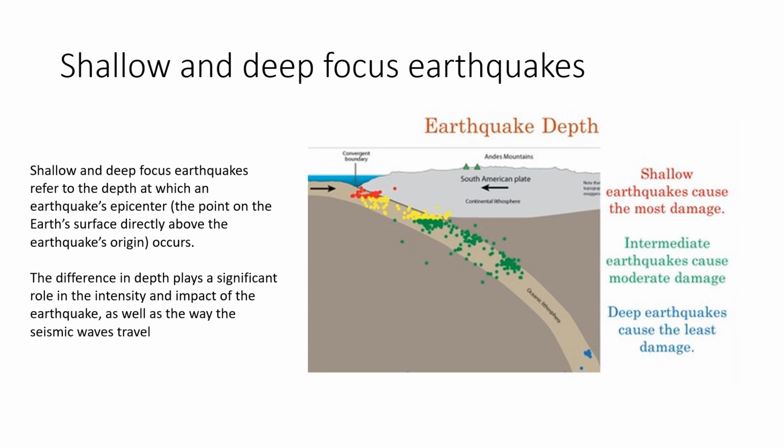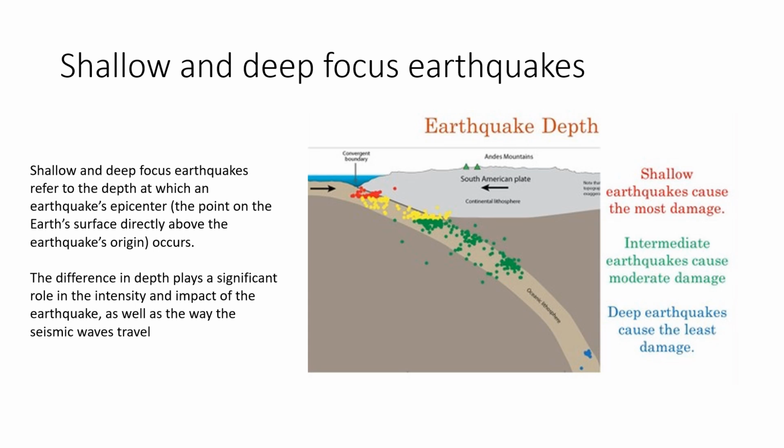A couple of other things we need to think about are shallow and deep focus earthquakes. Well, we even have intermediate here too. So we get earthquakes, and the focus, or the very center of that earthquake, is really important. Here in this picture we have a subduction zone, and the area where we get that friction build up is called the Benioff zone, and where that friction is released will impact the earthquake.